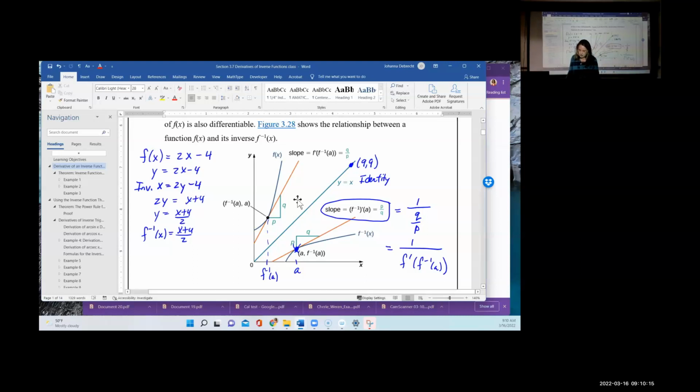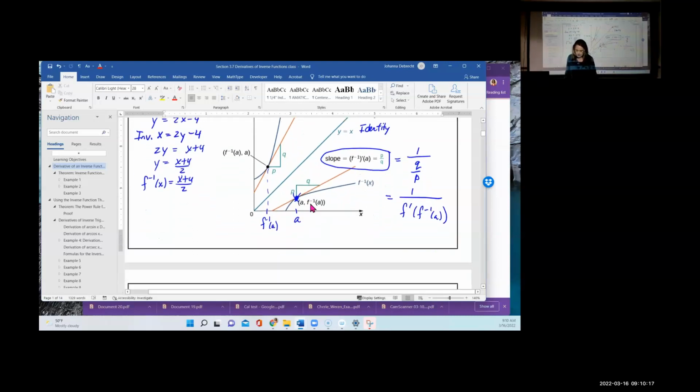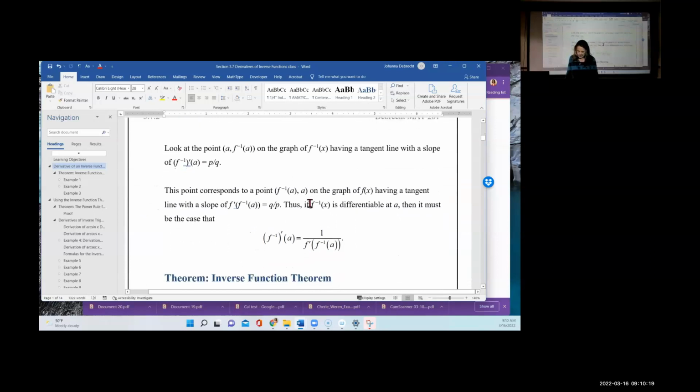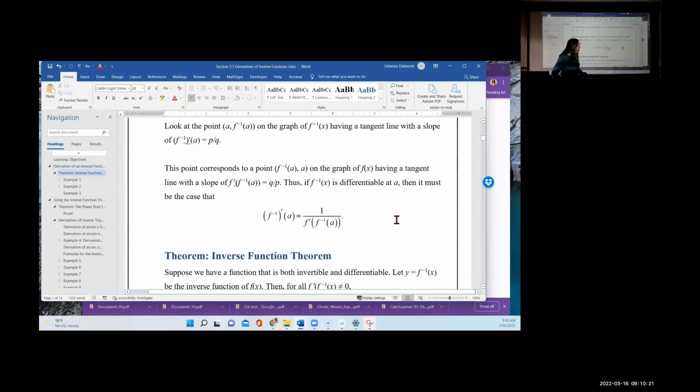So this is our formula, and we'll see it on the next page. We're looking at it right here. Here's the formula. To find the derivative on the inverse graph, we take the derivative on the original function and plug the inverse function inside of it.